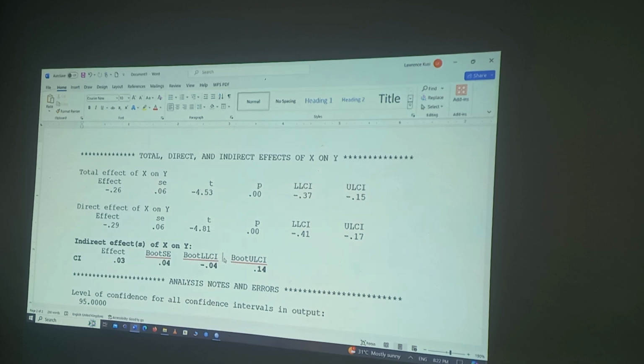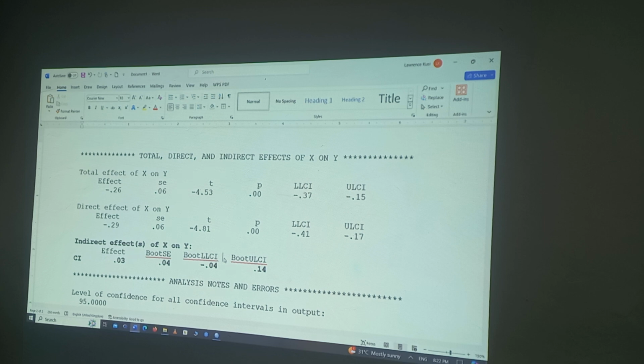We can come there and talk about it, but you have to also report the direct and the indirect effects, because we have different forms of mediation. We have the full mediation and then the partial mediation. Listen to this statement carefully.